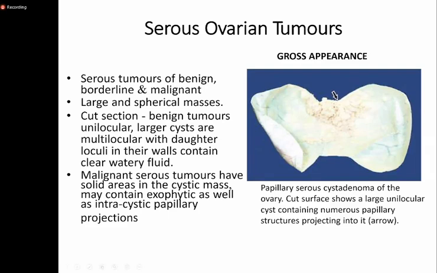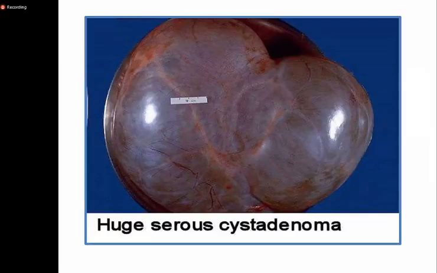So this is a huge serous cystadenoma. A very thin, translucent capsule, and you can see some fibrous divisions and lots of thin-walled blood vessels that run through the wall of the cyst. Another example, with this grayish, bluish, opalescent cyst wall.